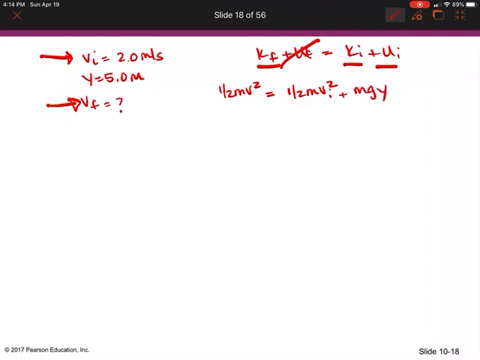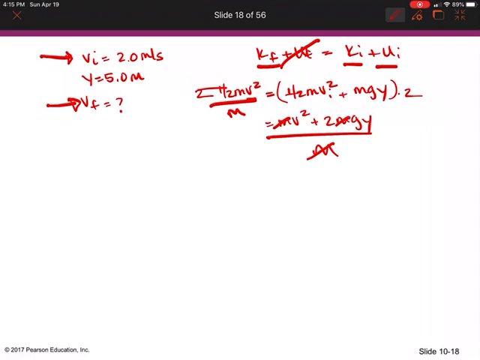All right, so now what are we trying to solve for? We're trying to solve for the final velocity. So we're going to move everything over in order to do that. First, let's multiply both sides by 2, which gets rid of that, and it gets rid of this too. So we end up with mv squared plus 2mgy. And we're going to divide both sides by m.